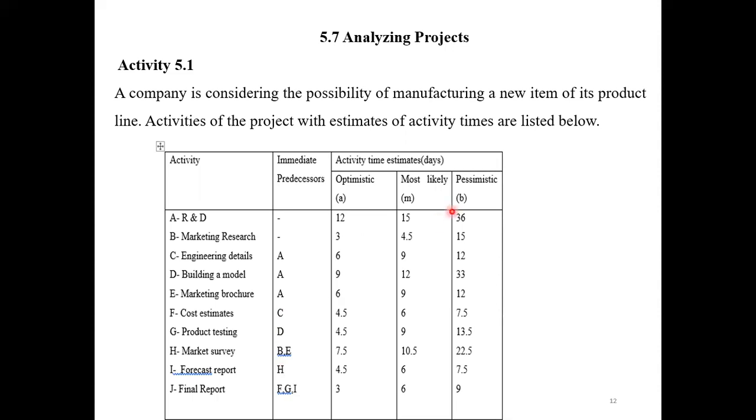Right. Now for the activities using the PERT technique, the operations marketing manager estimated the time estimates like this: optimistic, most likely, and pessimistic. A, M, and B. Simply, optimistic A, pessimistic B, and in the middle most likely M. Optimistic will be lesser than the most likely.